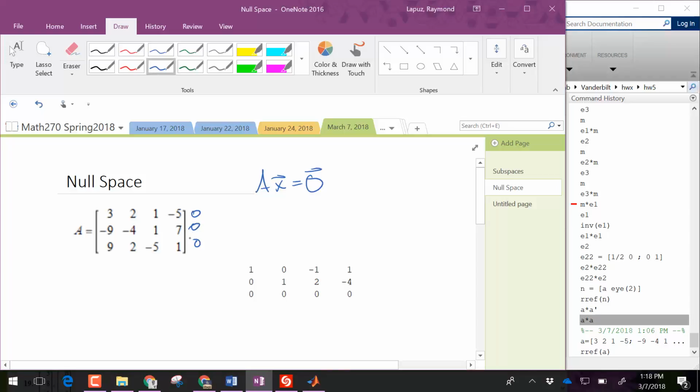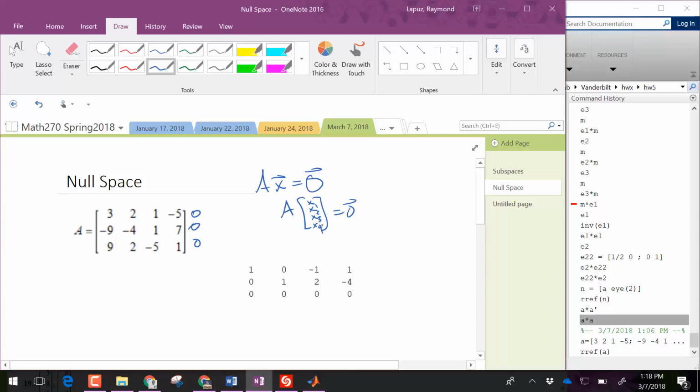So if we pretend that we're solving for this system, we can put the zeros there or not. But the idea is that we have A times x is equal to 0. Now, to make this matrix multiplication work, your x has to have the same number of elements as the number of columns that you have, right? So this would be x1, x2, x3, and x4.